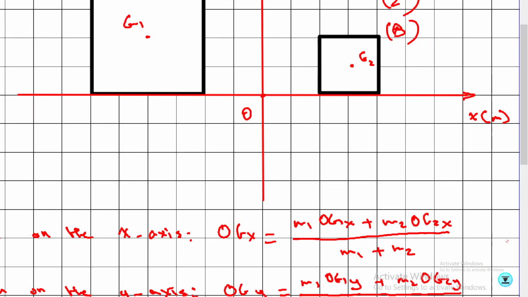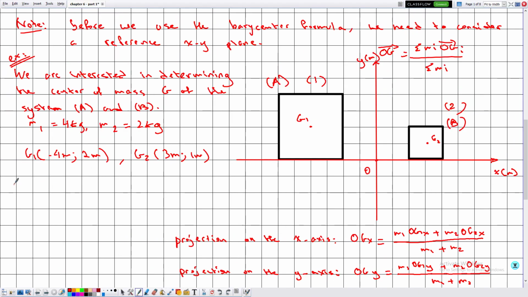Now as for the x component, this formula is given by OGx is equal to m1 OG1x plus m2 OG2x divided by m1 plus m2.